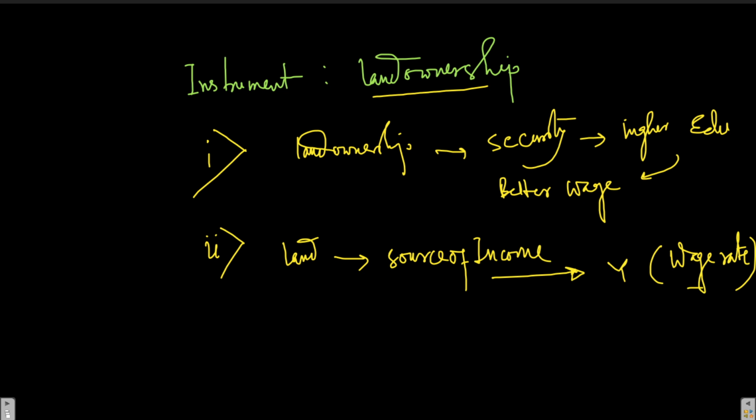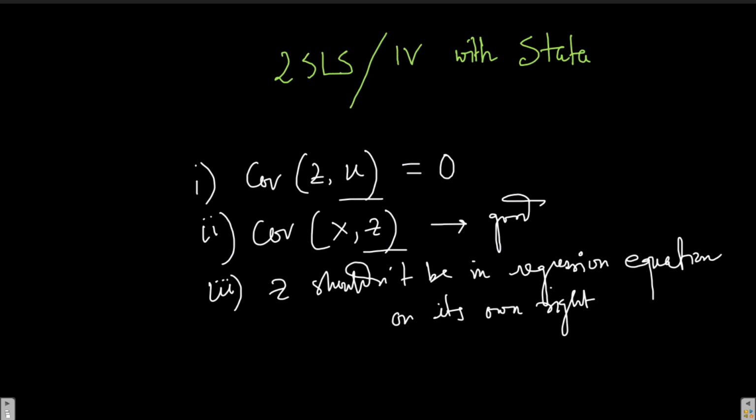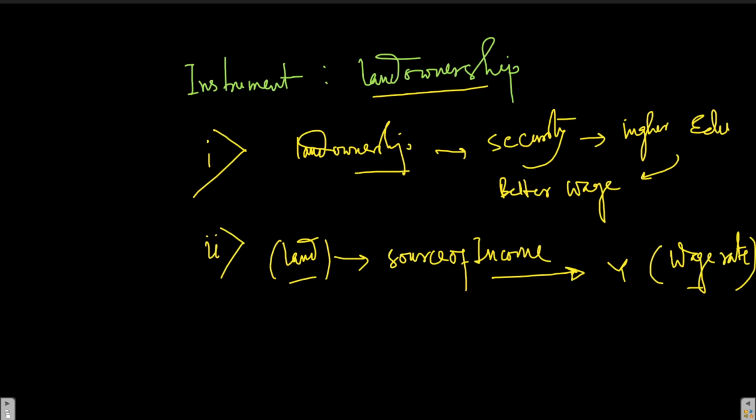Let's say I'm working as a wage worker in my own land. So this is another possibility. In that case, land ownership is going to be present in the regression equation in its own right. This is something we have to check, this assumption that we have made.